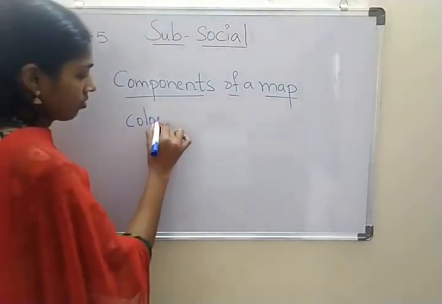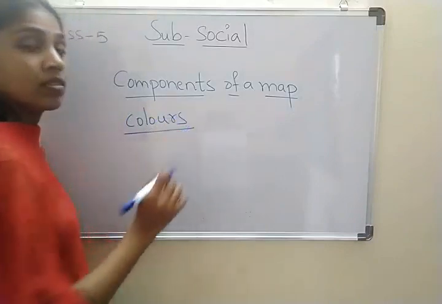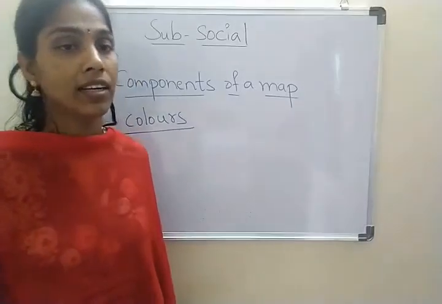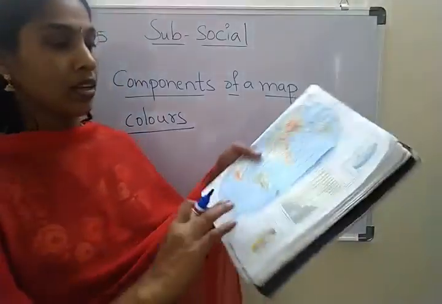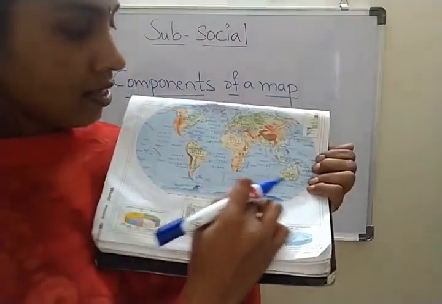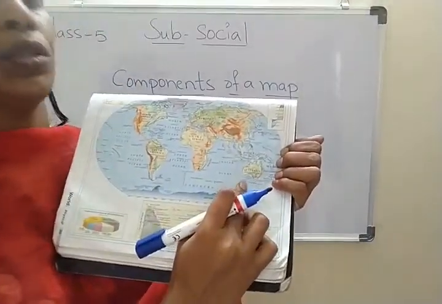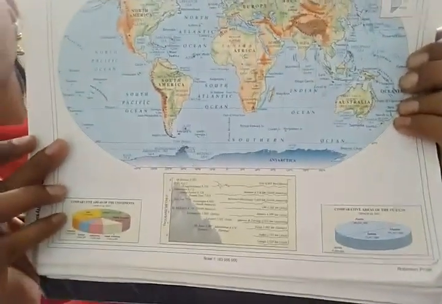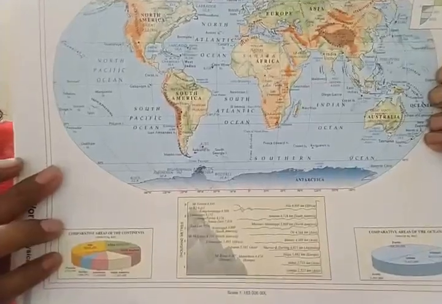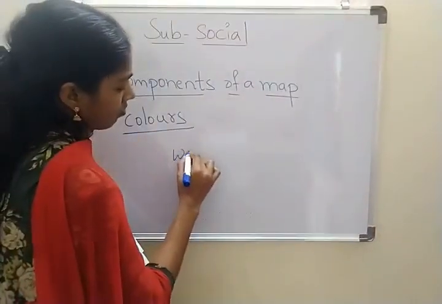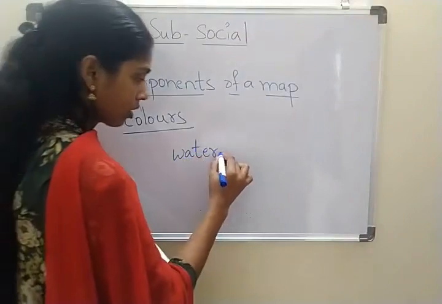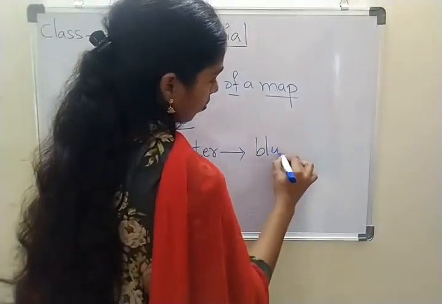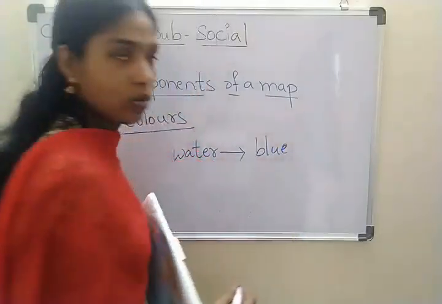Colors. Children, generally all maps use standard colors. Okay? For example, water bodies are always shown in blue color. Okay, children? Water bodies are always blue in color, right?